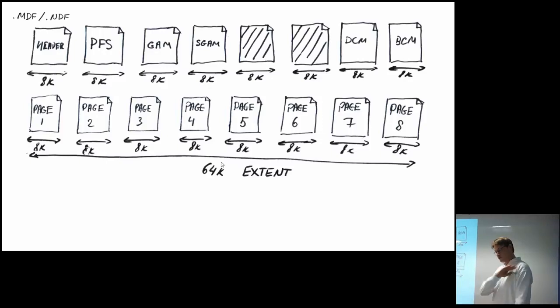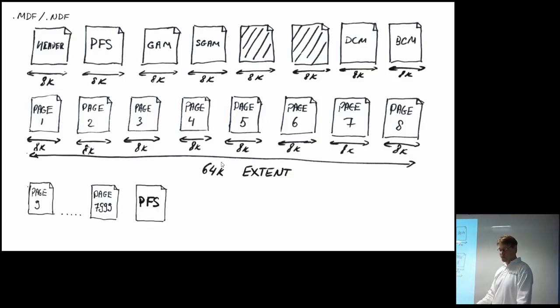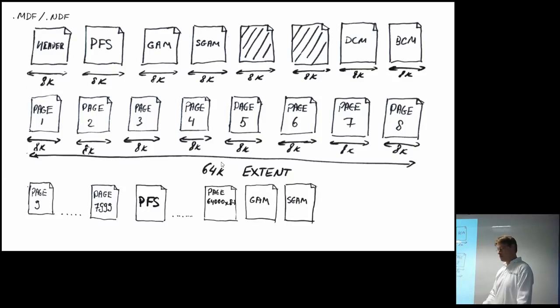So we've got the first 8 pages that are basically our database header. Then data is stored in those pages up to about page number 8000. Then we've got another PFS page, which determines where those pages are filled and so on. And then we've got some more pages, and then some other configuration, free space management pages, and so on, basically.